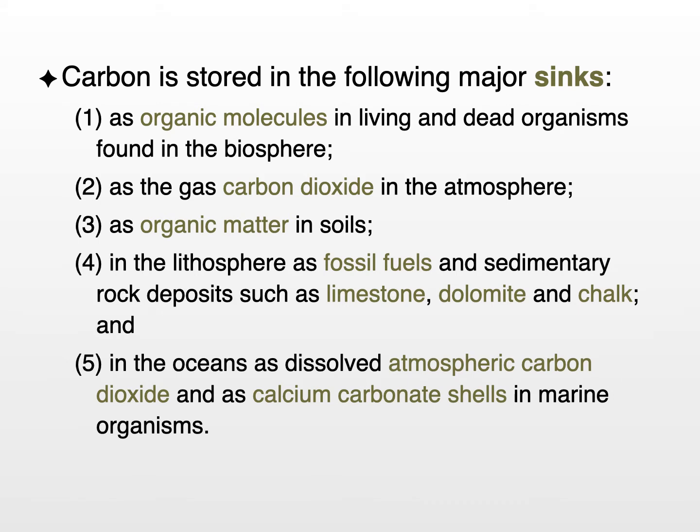It's stored in the lithosphere as fossil fuels and sedimentary rock deposits such as limestone, dolomite, and chalk. And in the oceans, as I said, it exists in a dissolved form and in various types of carbonate and calcium carbonate. And of course, calcium carbonate is used to make shells in marine organisms.